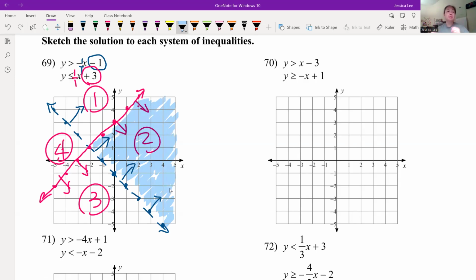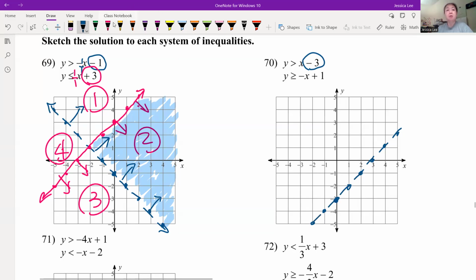Okay, done. We're going to do the same thing with the next one. There's negative 3 right there. Our slope is positive 1. Right? If there's no number, it's a positive 1. It is going to be a dashed line because there's no equal to sign underneath.